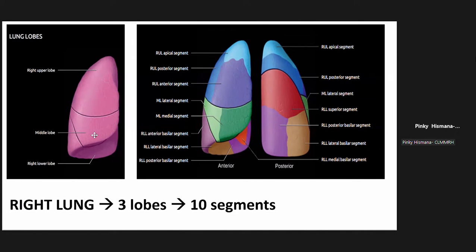The middle lobe is divided into lateral and medial, while the right lower lobe is divided into anterior, lateral, posterior, basilar, and anterior, that would be anterior basilar, lateral basilar, posterior basilar, and medial basilar. So all in all, your right lung has 3 lobes and 10 segments.